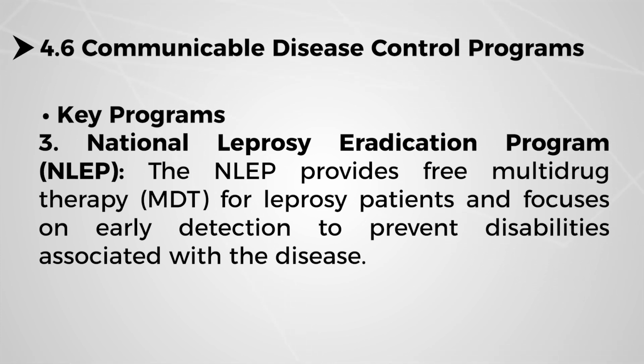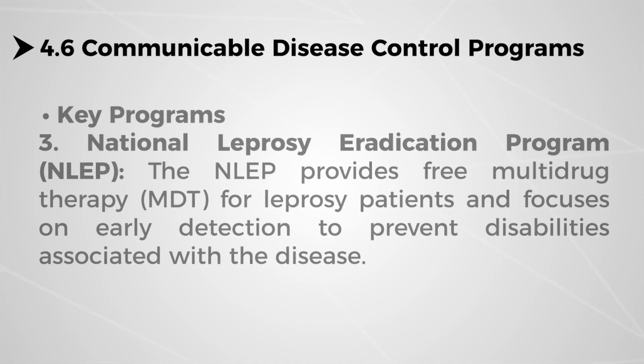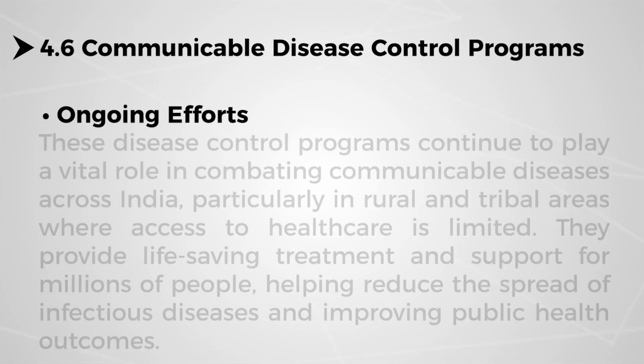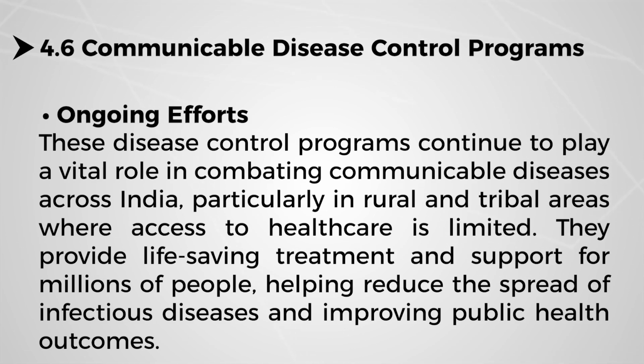So, this is basically giving awareness on how to reduce AIDS, particularly among adolescents. Then also communicable disease programs across India, particularly in rural and tribal areas where access to healthcare is limited, provide life-saving treatment and support for millions of people, helping reduce the spread of infectious disease and improving public health outcomes.